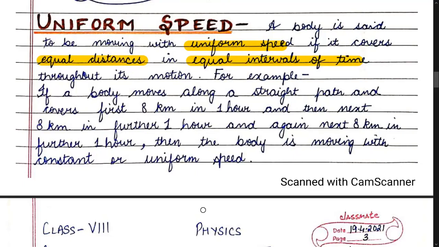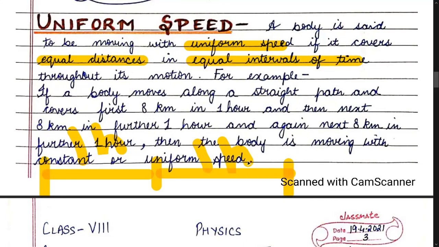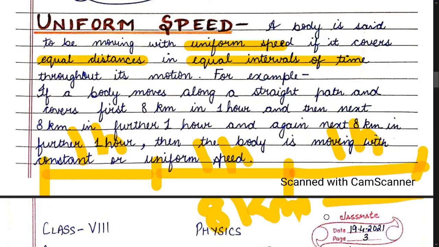For example, if a body moves along a straight path and covers 8 kilometer distance in 1 hour, and then further in the next 1 hour it is covering the same 8 kilometer distance, and again in the next hour also it is covering the same distance.